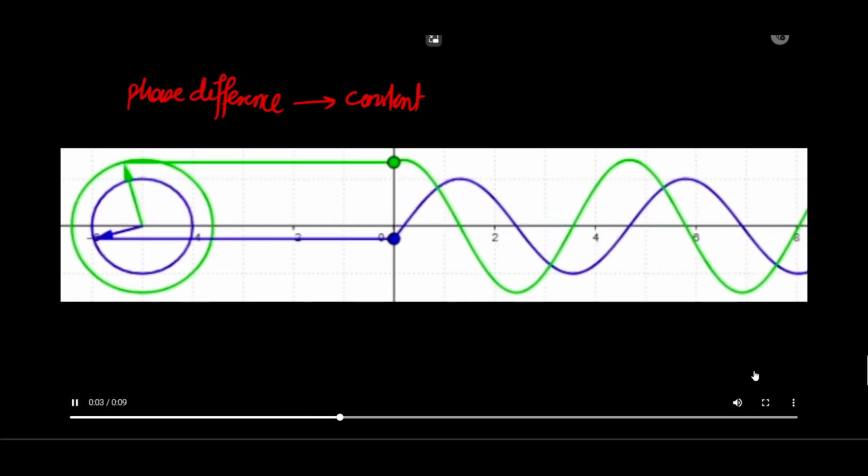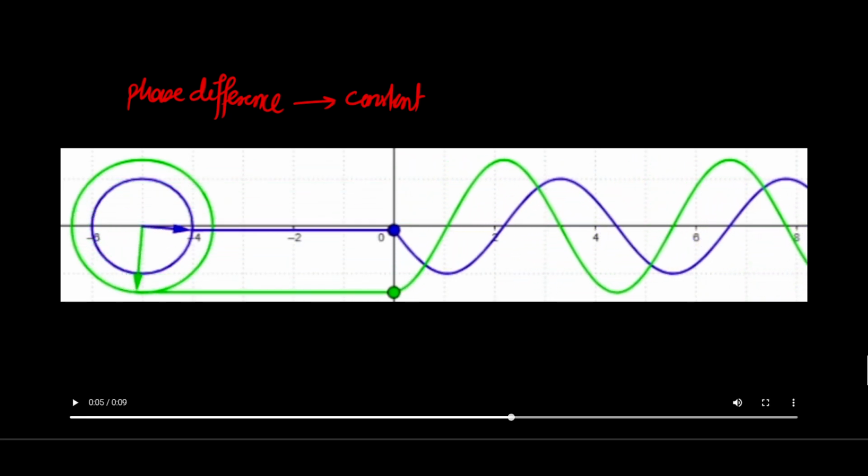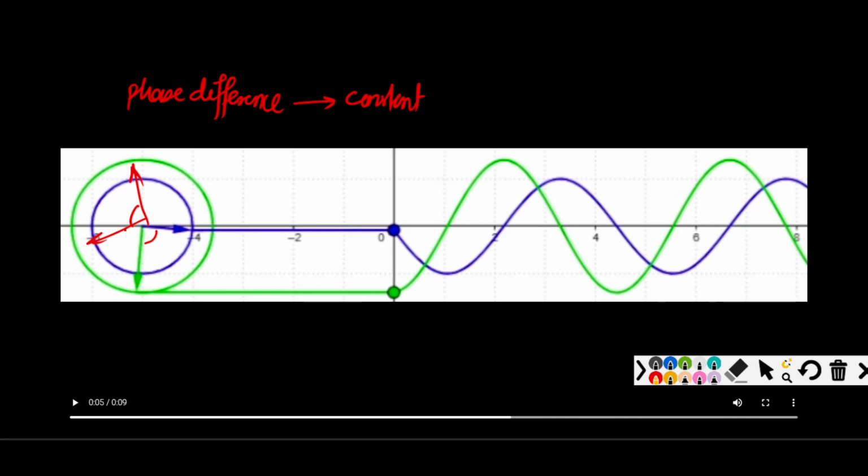So if I play this animation, the waves are still moving ahead, and if you stop at this point, we realize that the phase difference between them is still the same. When they were here, for example, the angle between them was, let's say for the sake of example, 90 degrees. Over here, it is still 90. So this is what constant phase difference, or you can say coherence, basically is looking for. They should be coherent.